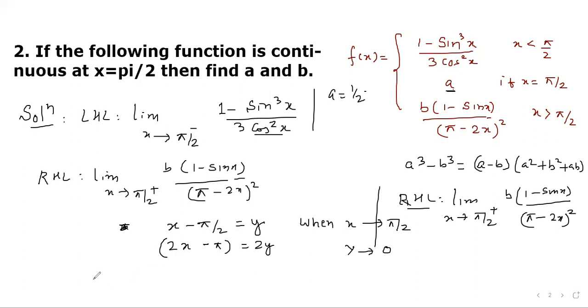So we can say limit y tends to 0, and this will become b times, in place of x we can write y plus pi by 2, so (1 minus sine of (y plus pi by 2)) divided by, the denominator will become y square.